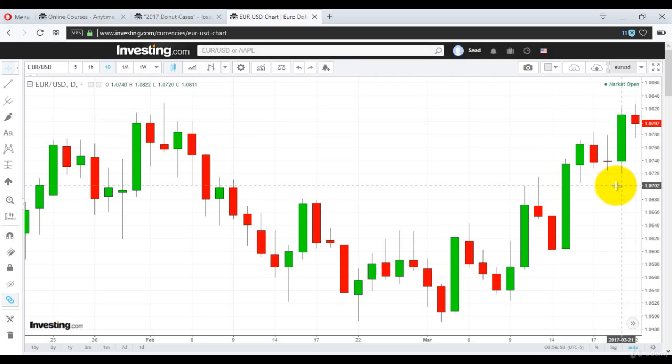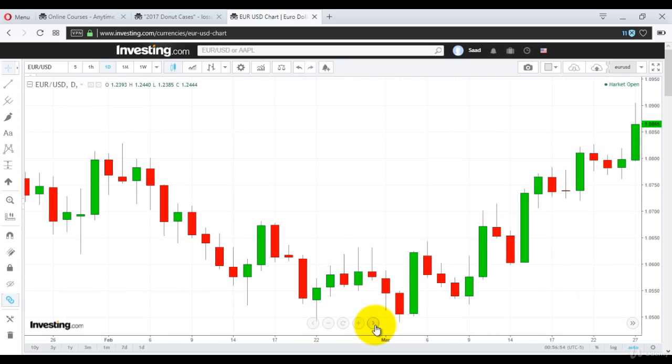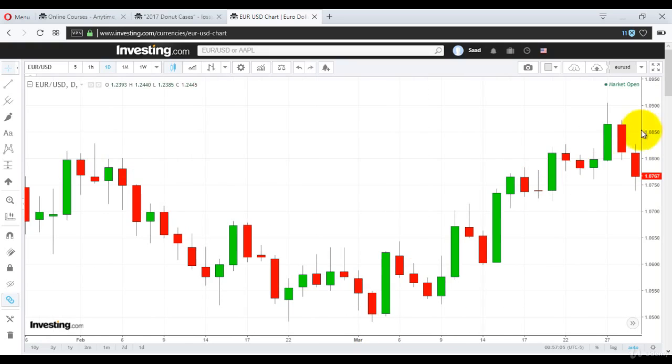Therefore, wait. Now if you look at it, it makes fewer red candles, but eventually it goes up, which helps you understand what really is happening. Now this is a dark cloud cover. You will be afraid just as you were here, but you will wait for the second day, and once it did, you will get out.